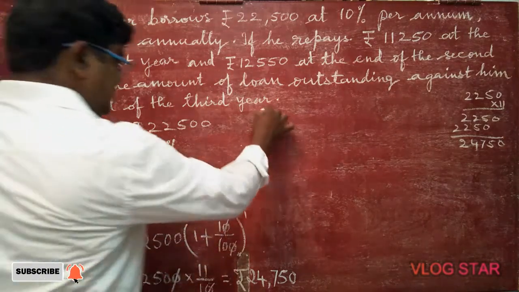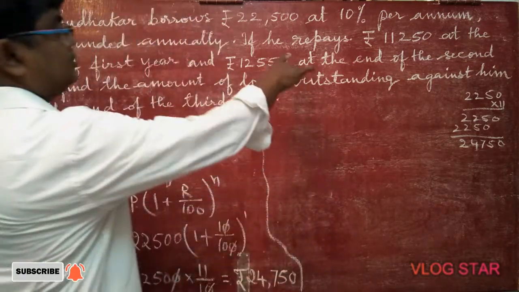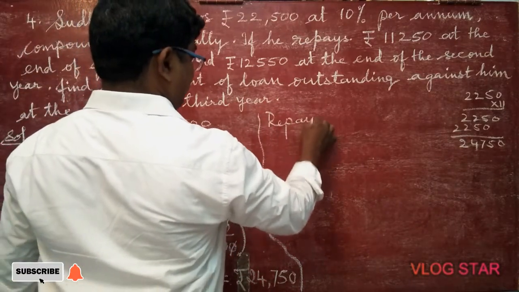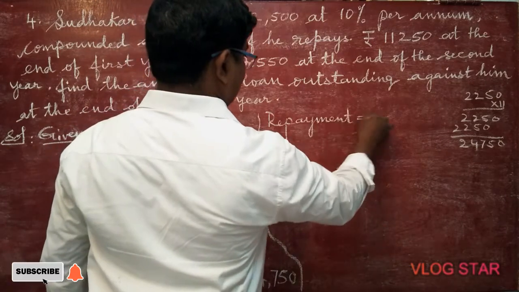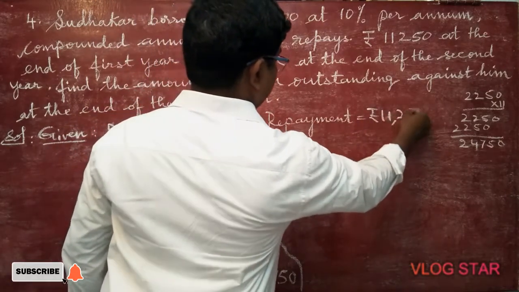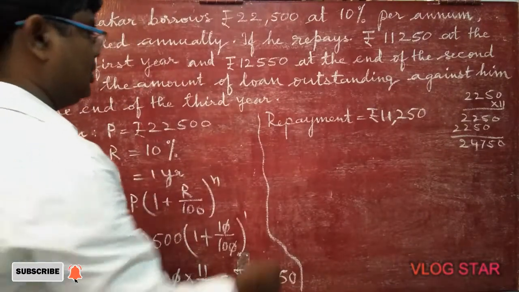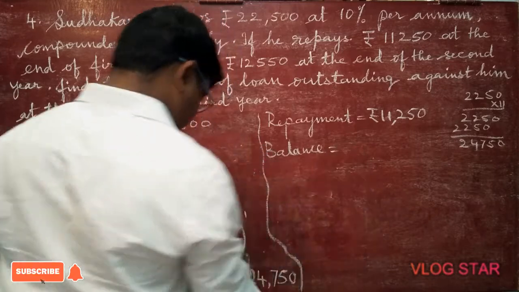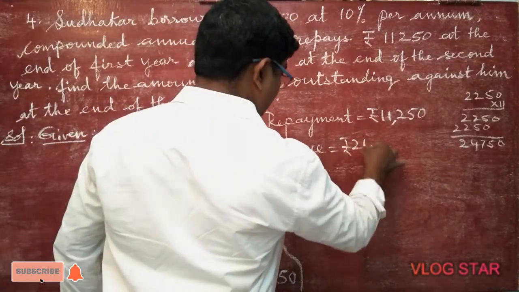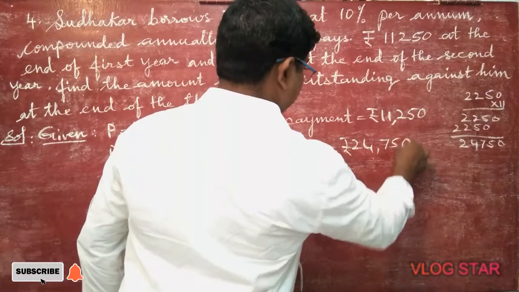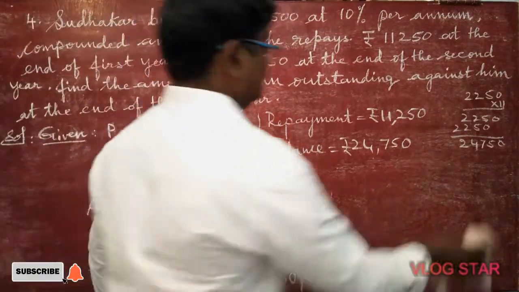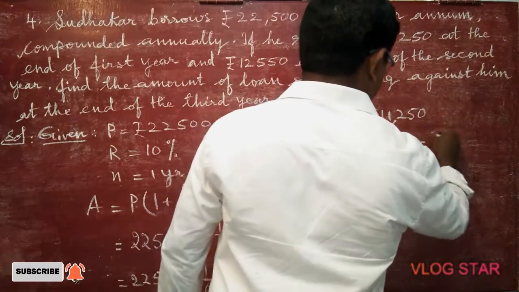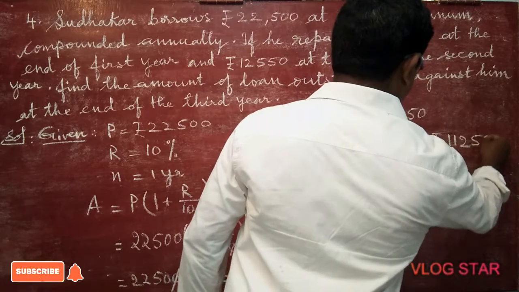Now he is repaying. Repayment is equal to rupees 11,250. Able to follow? Now balance, how much we have to see. The amount is 24,750 rupees, and he is paying rupees 11,250.